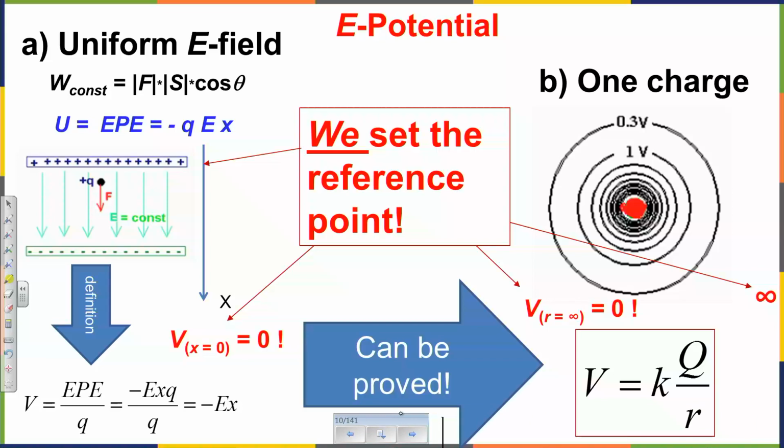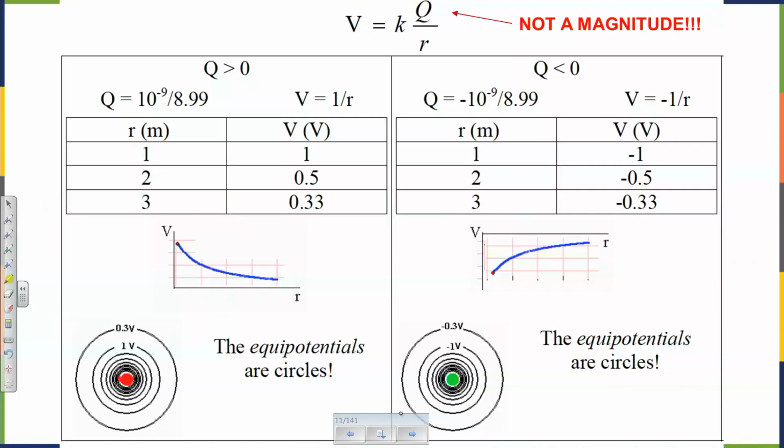Same constant, Q is the charge which generates the electric field, not the magnitude, the actual value. And r is the distance from the charge to the location where we're calculating or measuring electric potential. For a negative charge, the equation is exactly the same, but because the charge is negative, electric potential will give negative values, that's it.